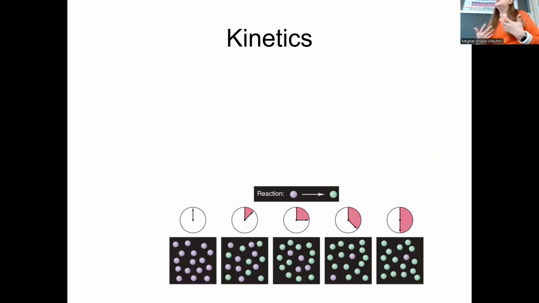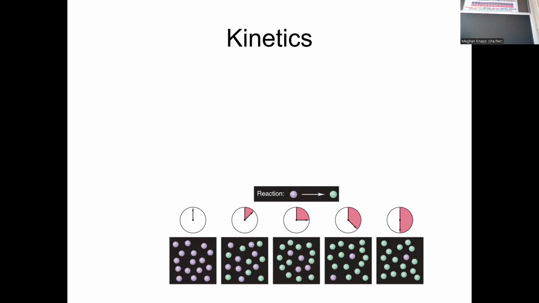And as time passes, we start to develop some products. And then more time passes and we have more products. But we get to a point where the amount of products that we're making in any given time frame is slowing down.